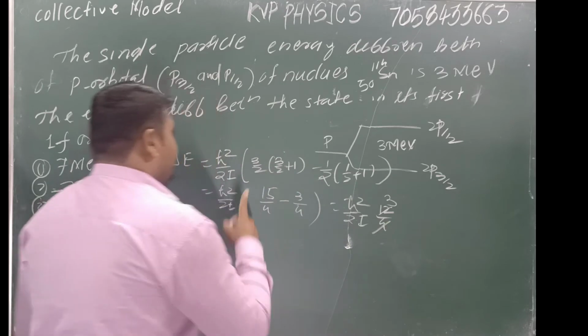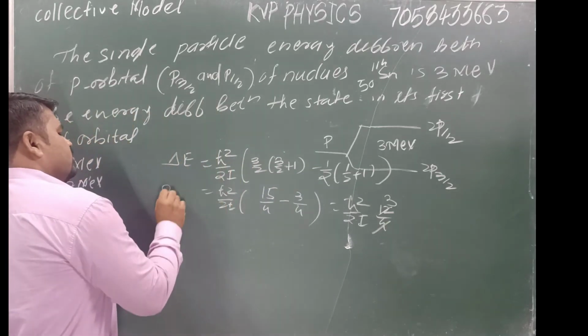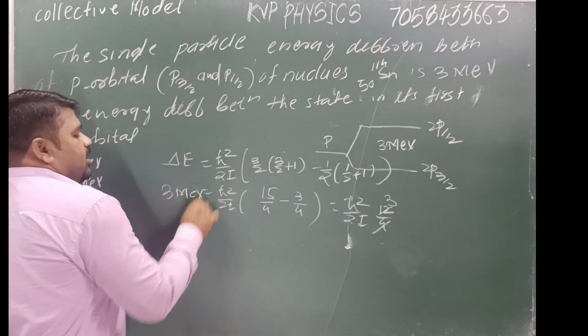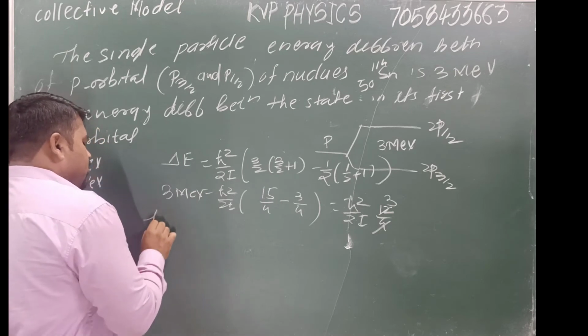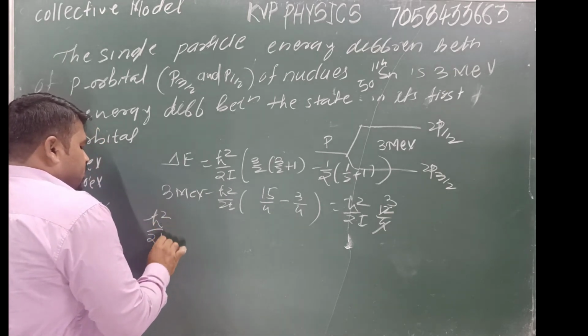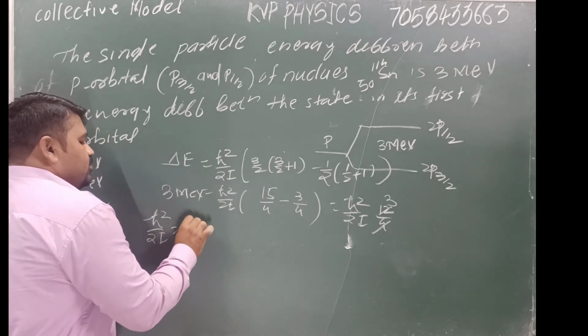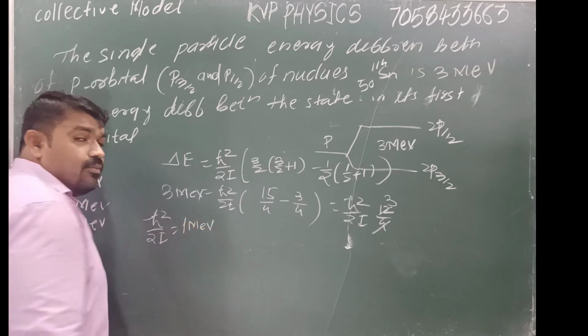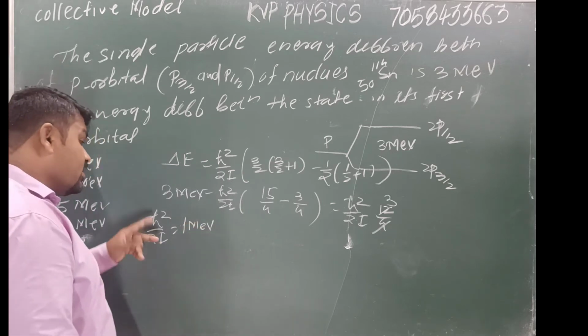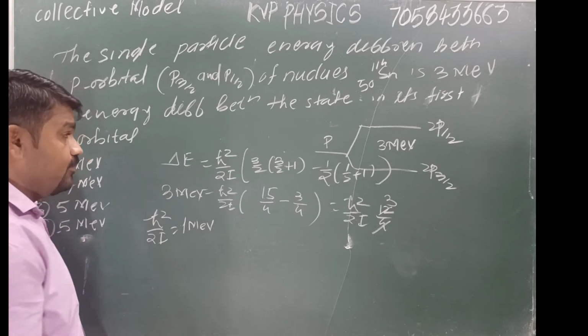Here the difference in energy, delta E, is equal to 3 MeV. This means ħ²/2I is equal to 1 MeV. This is the ħ²/2I value.